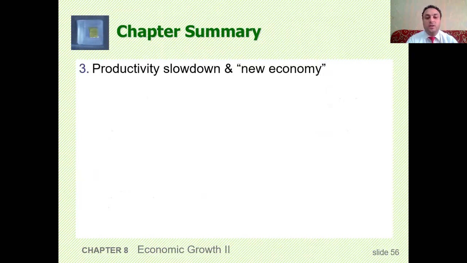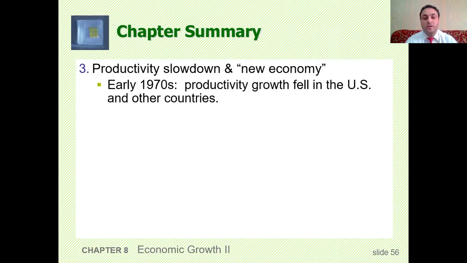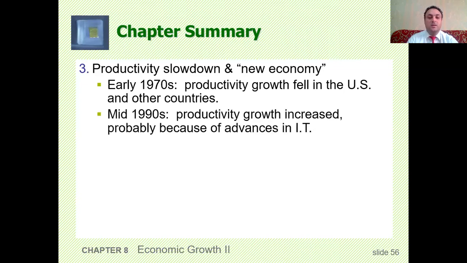Also, we saw the productivity slowdown and the new economy. In the early 70s, productivity growth fell in the United States and other countries. In the middle of the 90s, productivity growth increased, probably because of advances in information technology. We also saw some empirical studies.